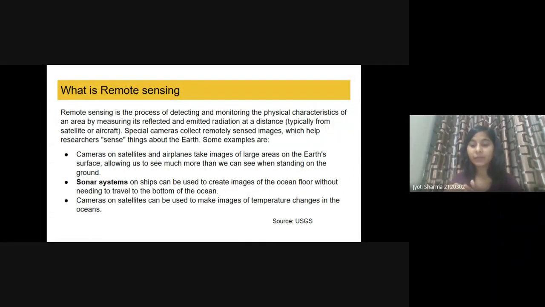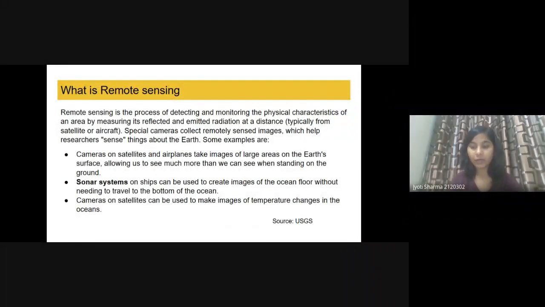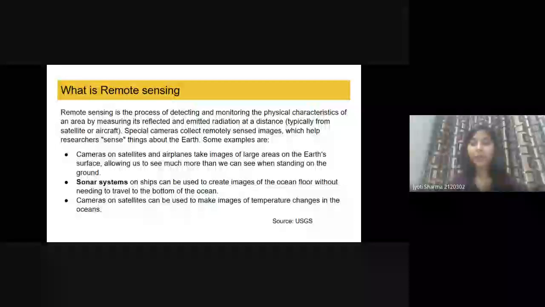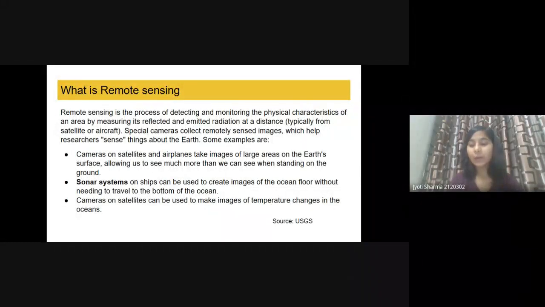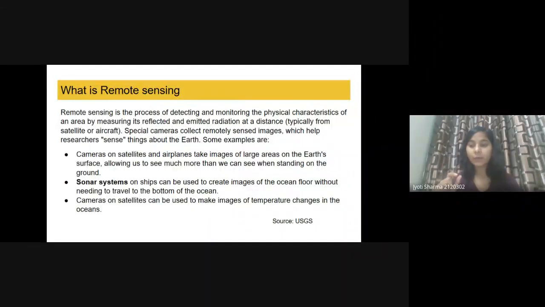You need some information about the surface of the ocean before navigating your ship. Sound navigation and ranging means we have some kind of device on the ship. That device may send a sound signal below the ocean, and it will strike the surface and reflect back.